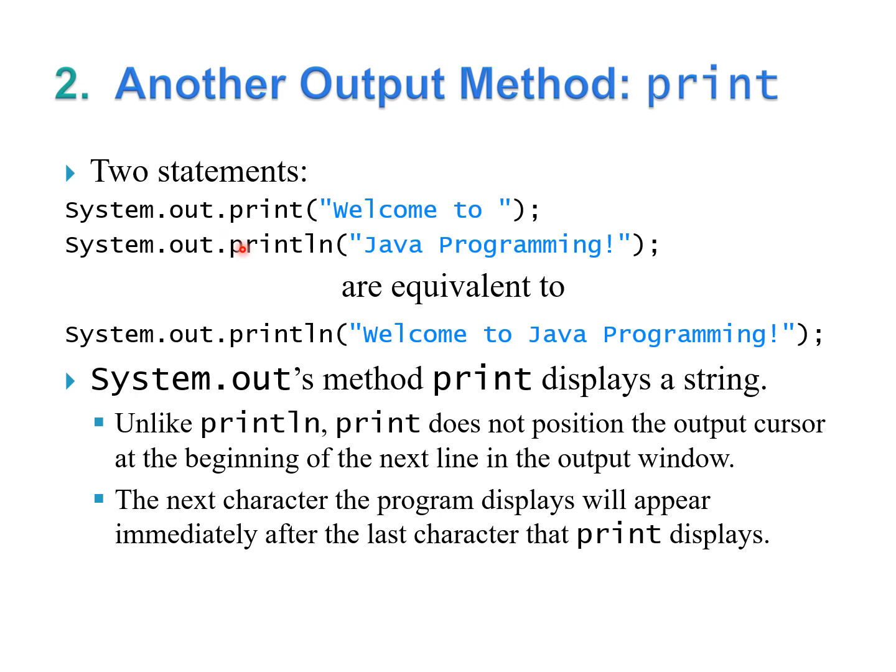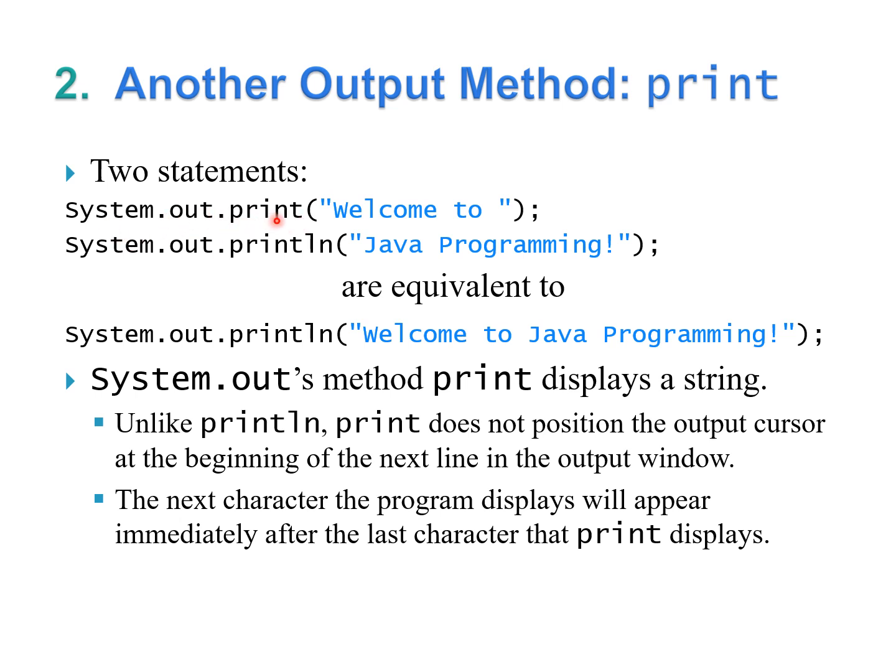So the two statements of print and println in the Welcome Two program are equivalent to the println statement in the Welcome One program. The new method we have learned is the print method of the System.out object.